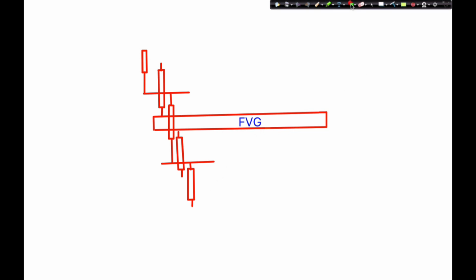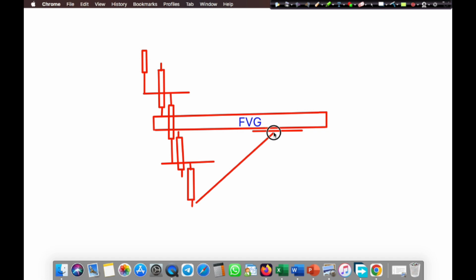Now, how does the market fill this gap? First, it can come, reach the bottom, any candle touches the bottom, and then goes down. That is filling number 1. Or it can come and reach the middle, that is also filling, and then continue in the direction.